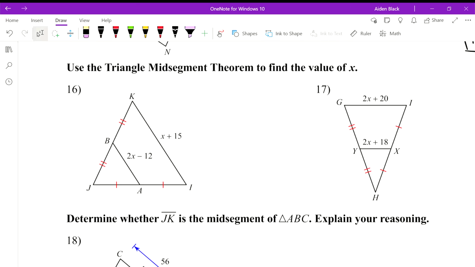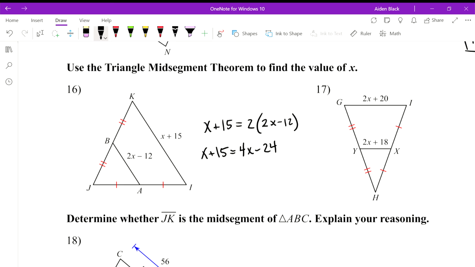Use the triangle midsegment theorem to find the value of x. Okay, these are a little bit harder, but we have the same idea of this is twice the length of this. Right, so x plus 15 is equal to twice the length. I'm writing 2 times 2x minus 12. This is how you should be solving this. So x plus 15 is equal to, let's distribute, 4x minus 24.